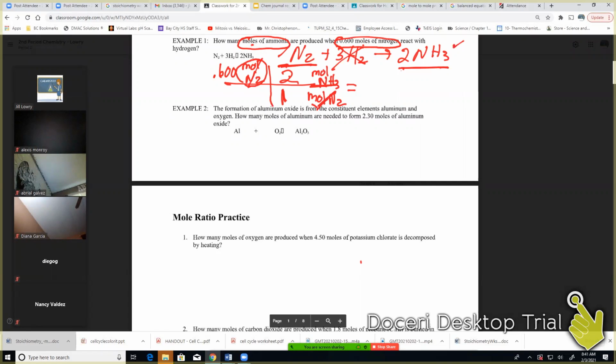So now I just do my math. 0.6 times 2 is 1.2. Dividing it by 1 will not change it. So my answer ends up being 1.2. And these are my units, moles of ammonia. Or you can just put moles. You don't have to put necessarily what compound it goes with.